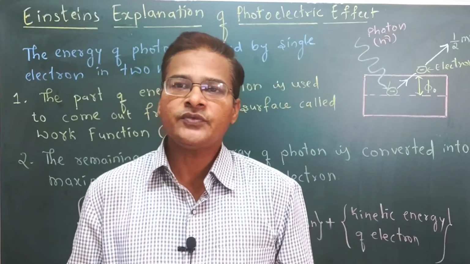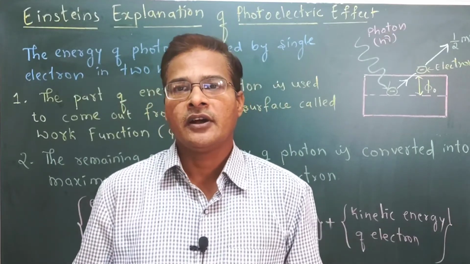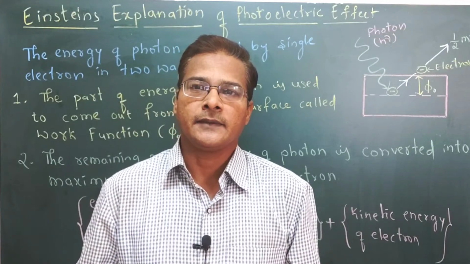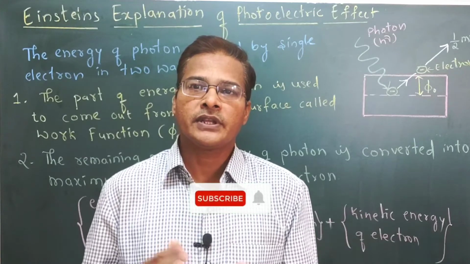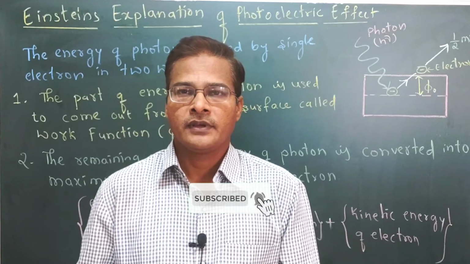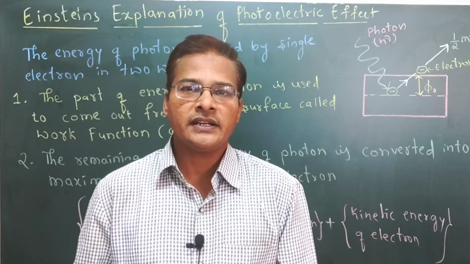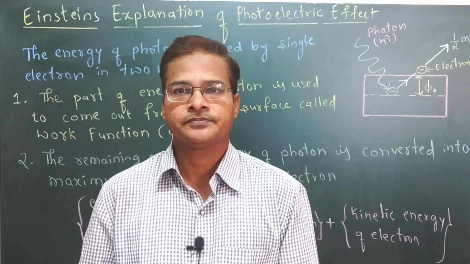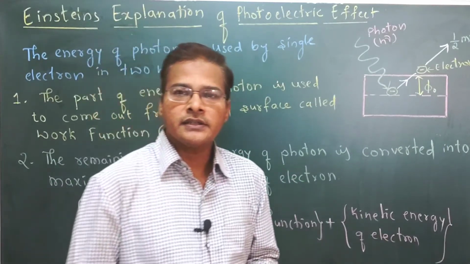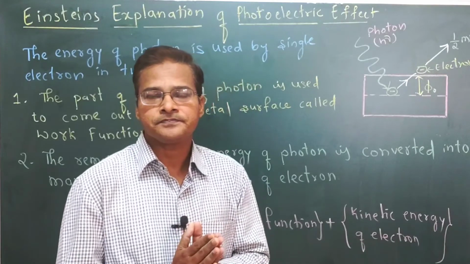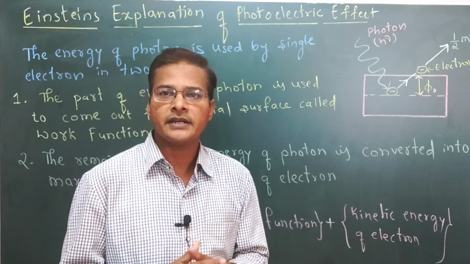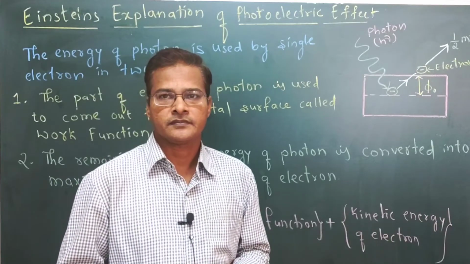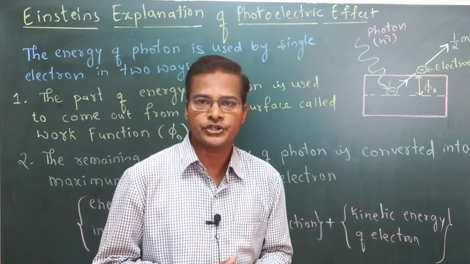When these photons fall on the surface of a metal, they collide with the electron inelastically. It is a combination of the wave nature of light and the particle nature of light. Einstein combined both the wave nature as well as the particle nature, and by that he gave one explanation.